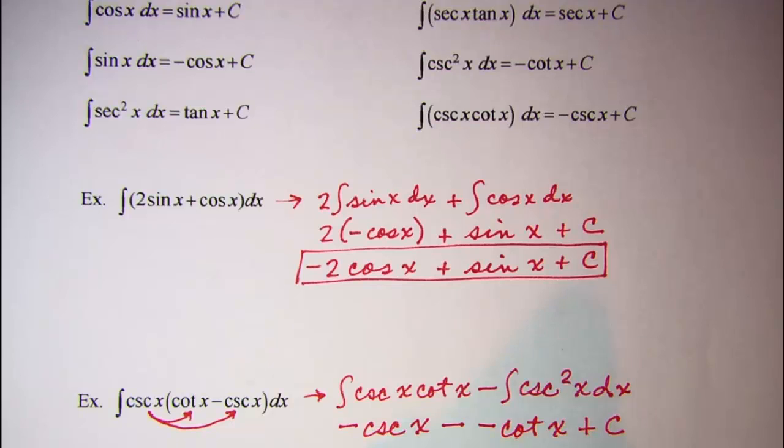So this simplifies to a negative cosecant x plus cotangent x plus our constant.